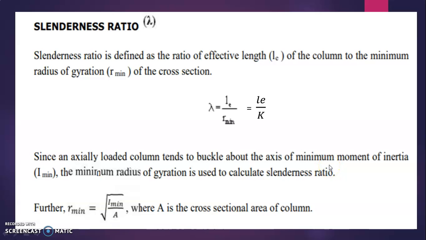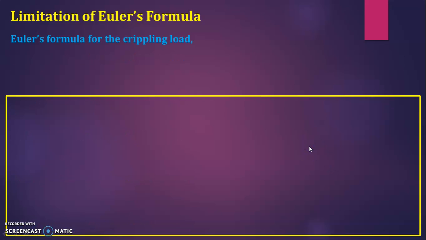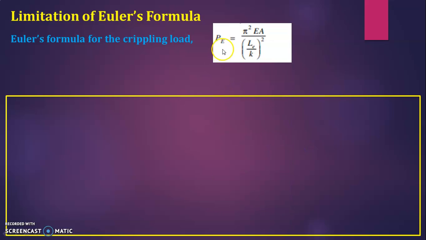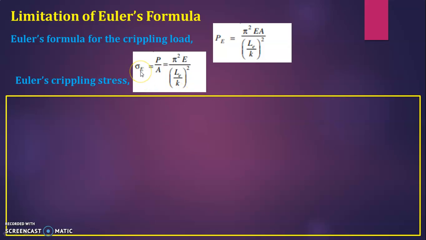And next we will see what the limitations of Euler's formula are. We know Euler's crippling load, that is P is equal to pi square EI divided by LE square. Here I have considered the slenderness ratio, LE divided by K. Euler's crippling stress, sigma, we know that stress is equal to load divided by area.